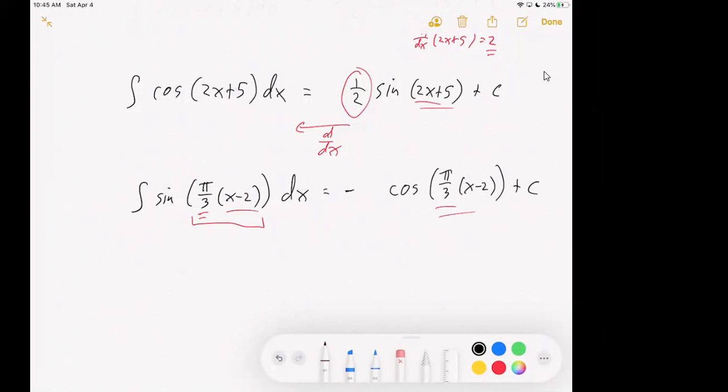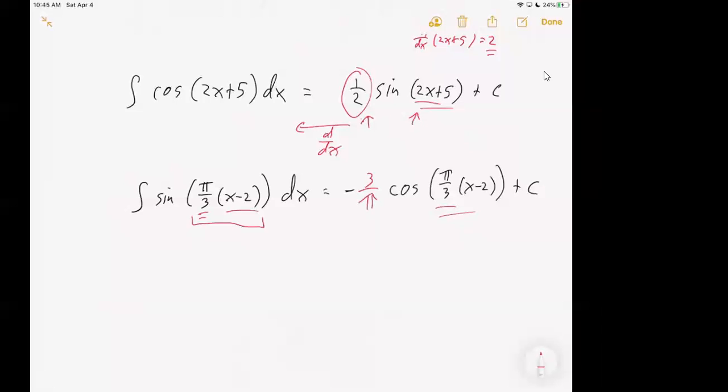So the opposite of multiplying by pi over 3 is to put a factor of 3 over pi in. So that's just like 1/2 is what will undo multiplying by 2. 3 over pi is the factor that will compensate for a factor of pi over 3. So that will make this one work out.